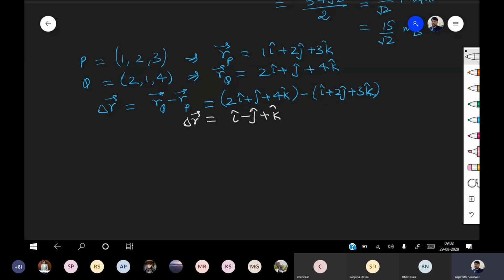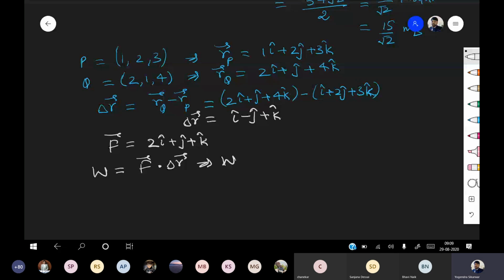Now force is given as how much? So F is equal to 2i plus j plus k. So this is the force. Work done W is equal to F vector dot delta R vector.